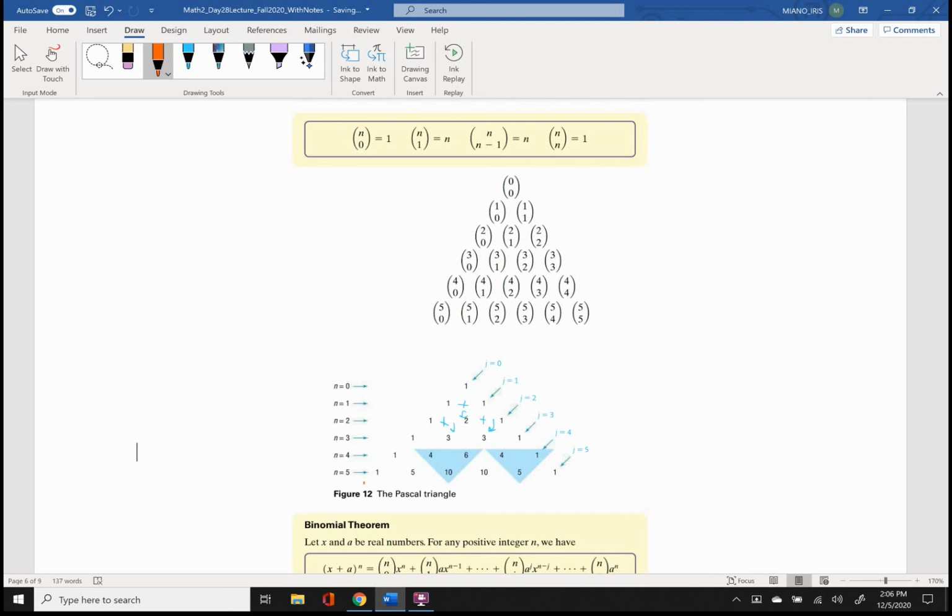And we know that there's a 1 on this diagonal to continue. The number in the next step in this n equals 6 row would be 6, because 1 plus 5 equals 6, 5 plus 10 equals 15, 10 plus 10 equals 20, 10 plus 5 equals 15, 5 plus 1 equals 6, and then this last value is a 1. Cool, and you can go on and on forever.